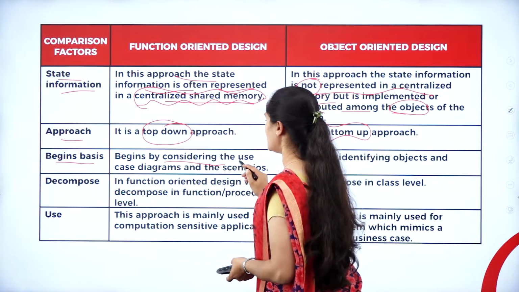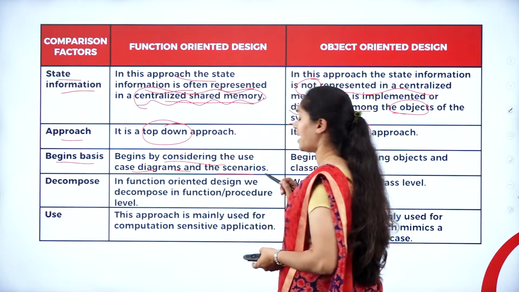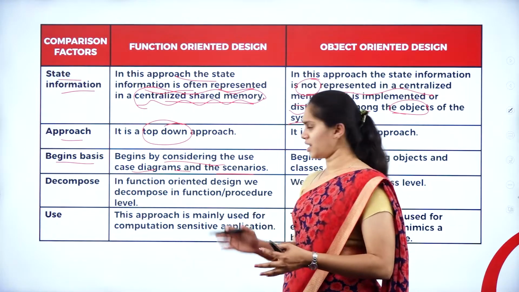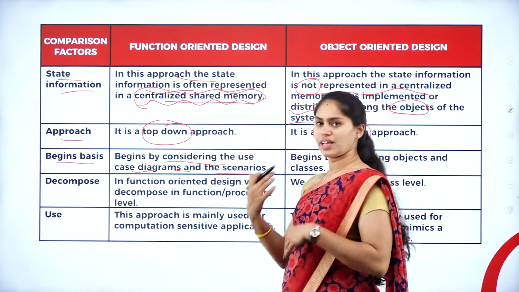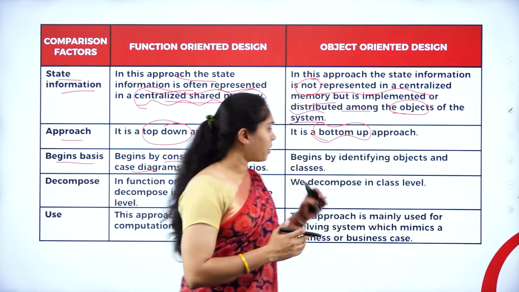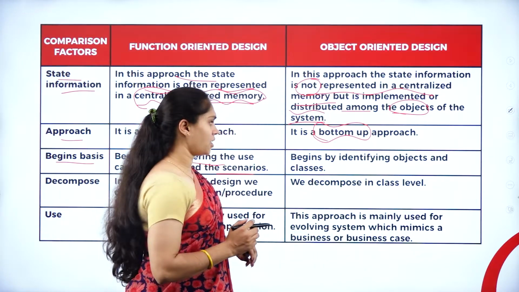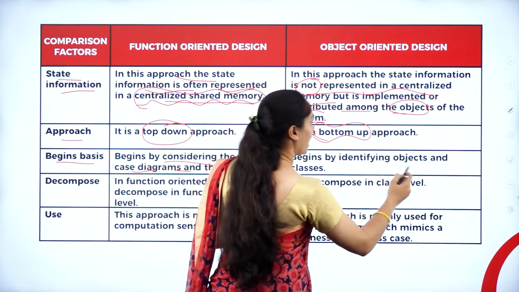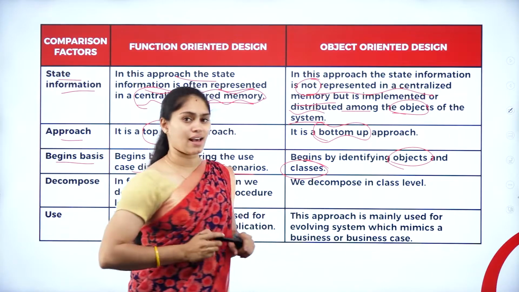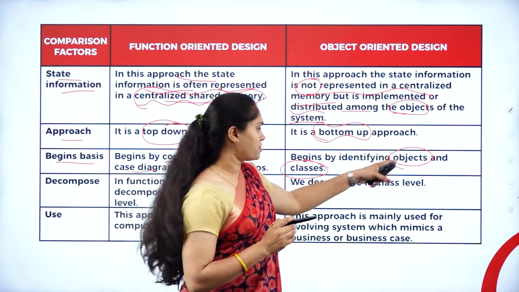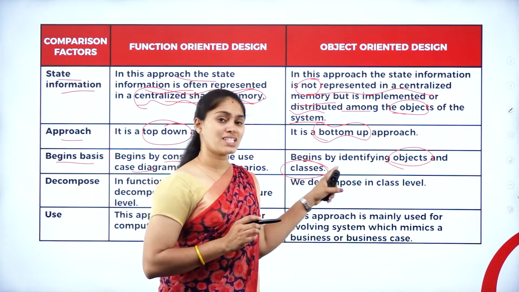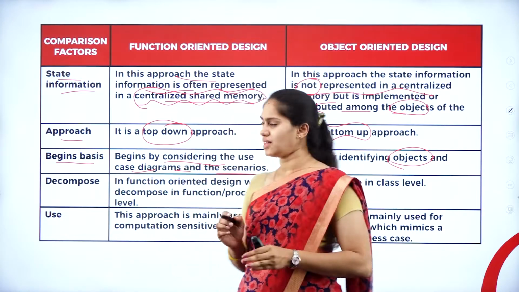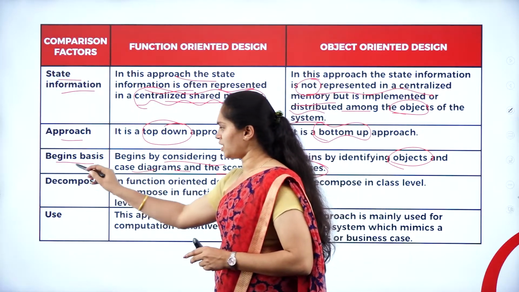It begins by considering the use case diagrams and the scenarios. Just by looking into the use case diagram and scenarios, we can start defining the functions. But in object oriented design, it starts with identifying the objects and classes: where this object belongs, to which class it belongs. That is the basis of the beginning.